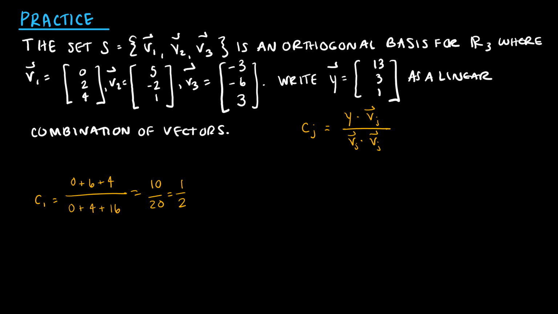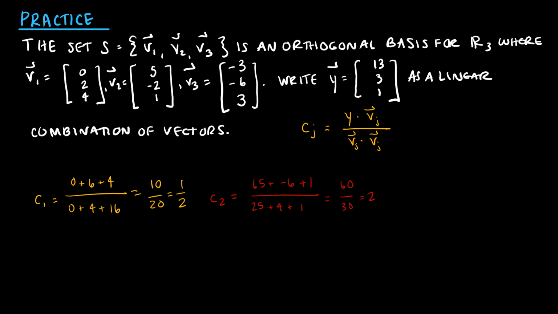C2 would be y dot v2, so 13 times 5, negative 2 times 3, and 1 times 1. And the denominator would be v2 with itself, so 25 plus 4 plus 1. So that gives me 60 over 30, which is 2.